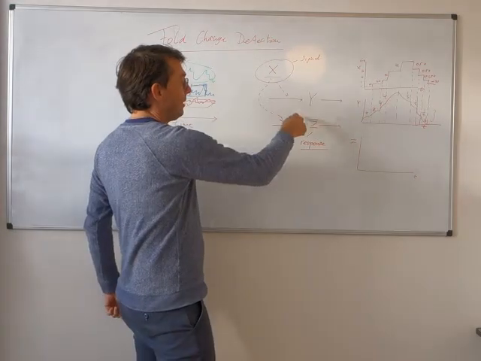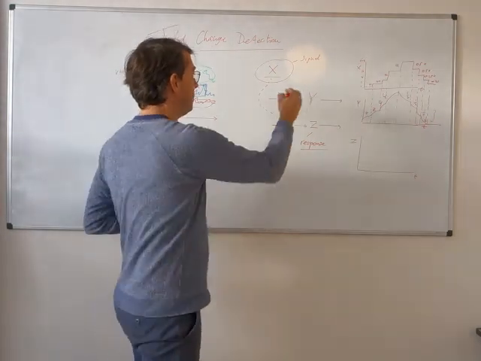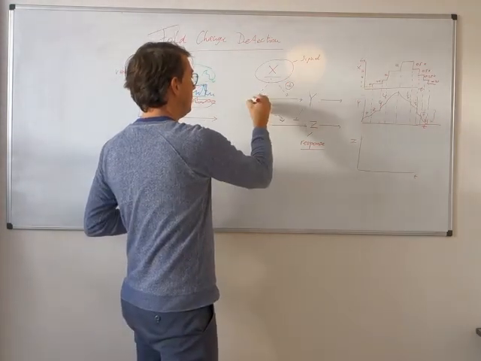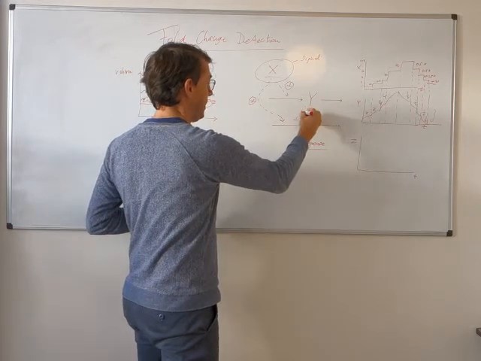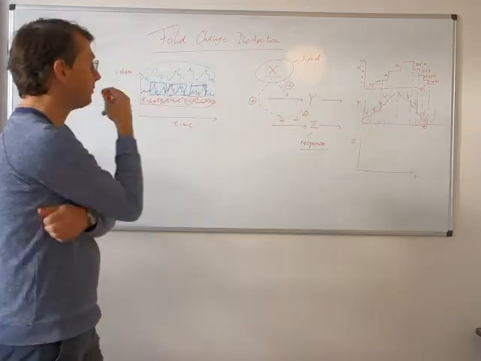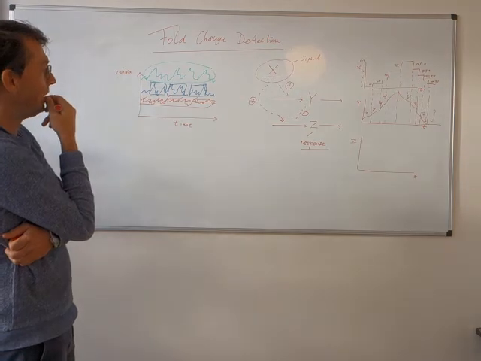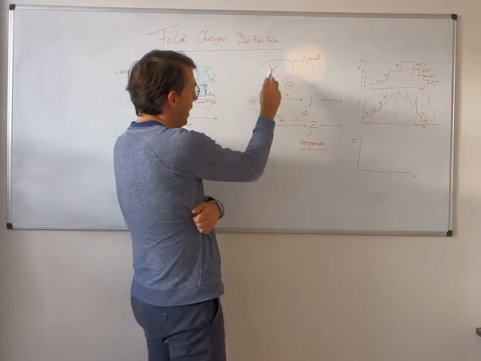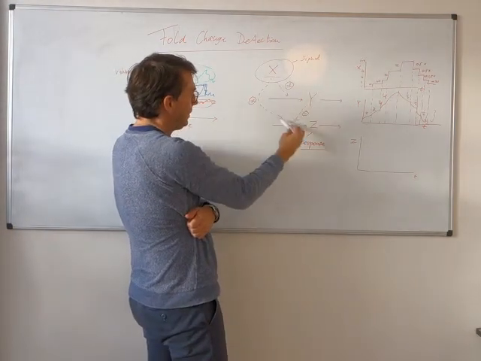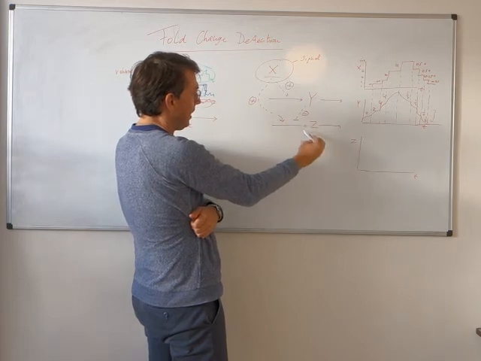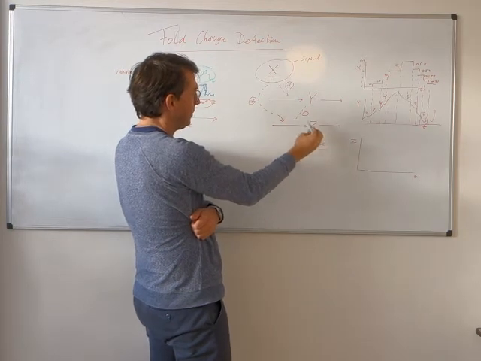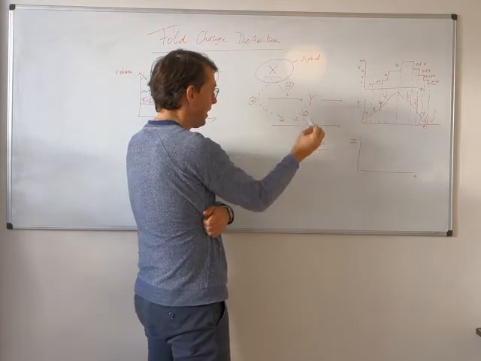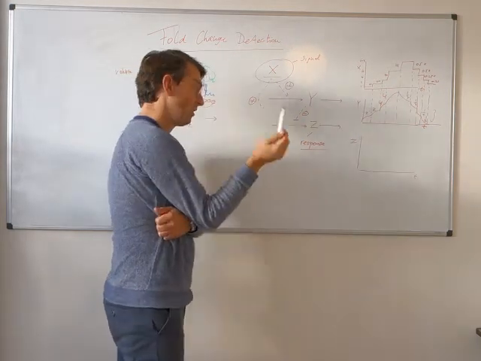But due to this negative feed-forward loop, there is a second effect. So first of all, when X is activated, Y and Z are activated at the same time, right? So there's first activation of Y and Z by X on the same time scale.